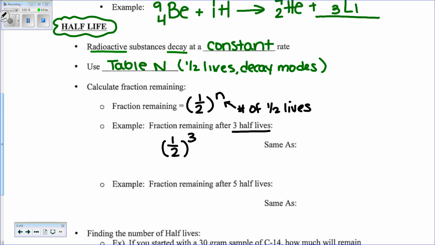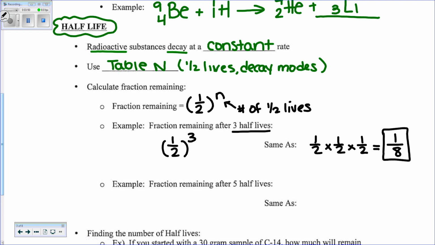So if it's 1/2 cubed, well, then it's really 1/2 times 1/2 times 1/2. It's 1/2 3 times. So remember, as you go across a fraction, you just multiply across the numerator, then across the denominator. So I would get 1 times 1 times 1 is 1. 2 times 2 is 4. 4 times 2 is 8. So I actually get 1/8. And that is the fraction remaining after 3 half-lives.